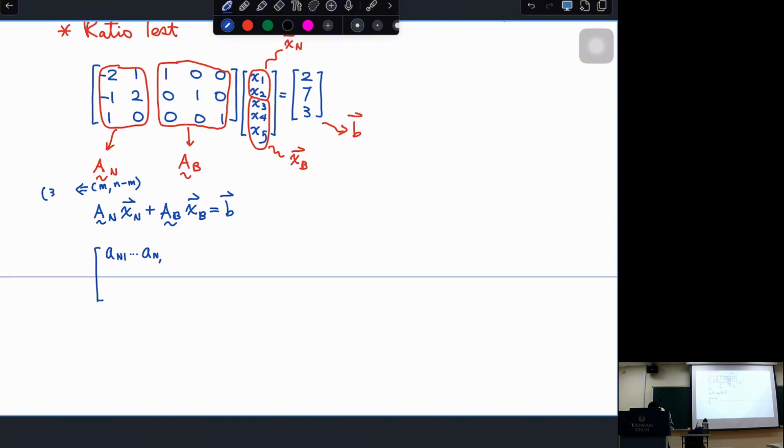Sorry, let me write it in this way. So it's m by n minus m. What does it mean? N minus m. So 5 minus 3. So 3 by 2, right? So it's a 3 by 2 matrix. So over here, let me find a way to write it.